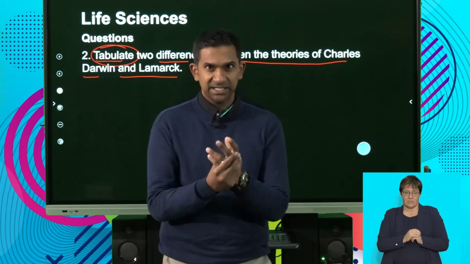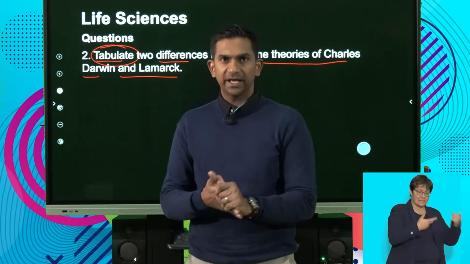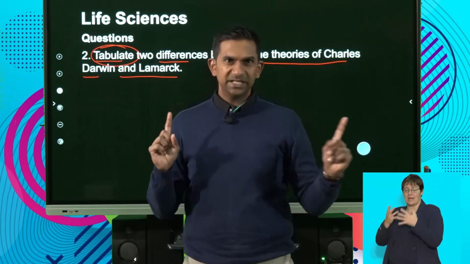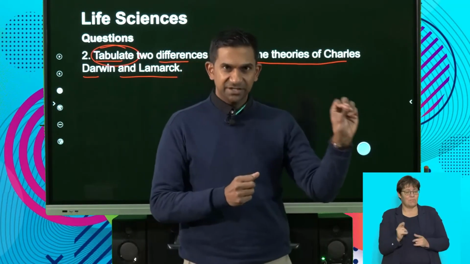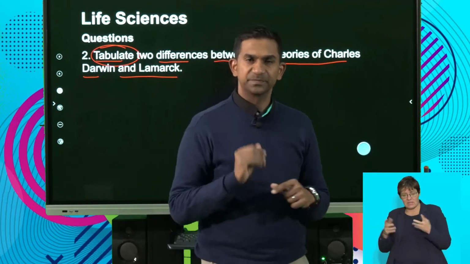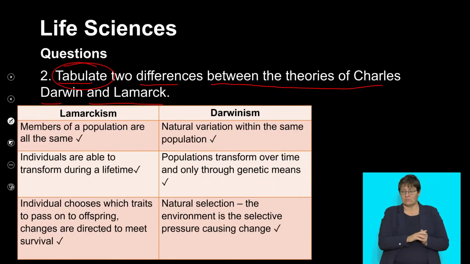You've got to compare realistically a characteristic in relation to the other. So the classical example is you've got a big cat and you've got a brown cat. There's a big difference in that comparison. We've got to compare, as I mentioned, the characteristic relative to each other. So let's look at the answer for this question. I've put that into a table, and we know that Lamarck spoke of members of the population being the same.